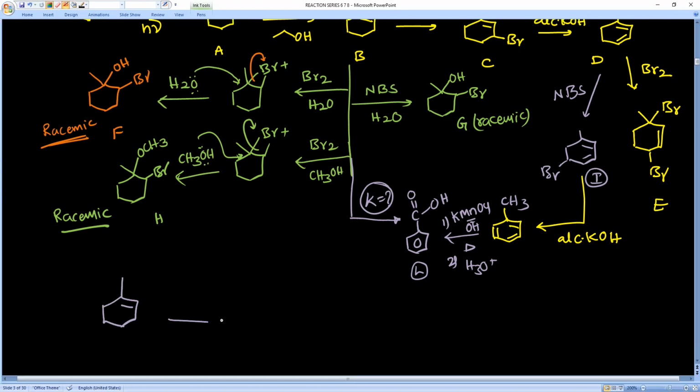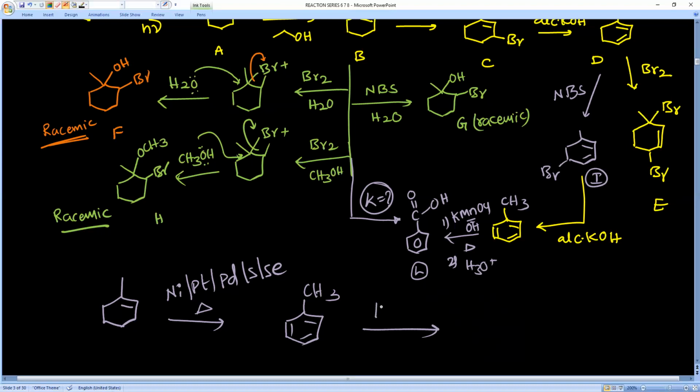This is cyclohexene, methyl cyclohexene. It is subjected to heating with nickel or platinum or palladium or sulfur or selenium. Then dehydrogenation takes place, converting into methylbenzene, which is nothing but toluene. Now from this we can take potassium permanganate or we can take potassium dichromate.